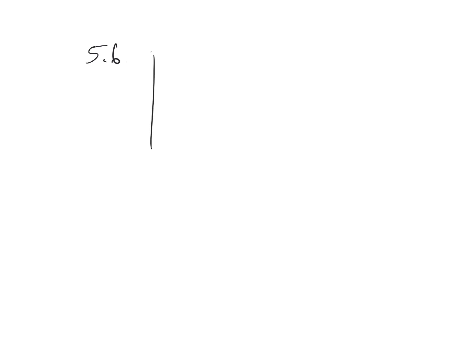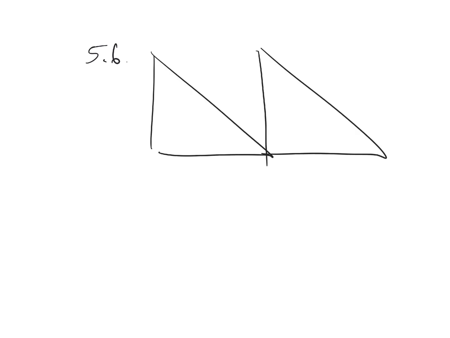You have 2 triangles. Okay. And you have some parallel lines. And let's see, NQM, NQM, and MPL. And we have right angles.